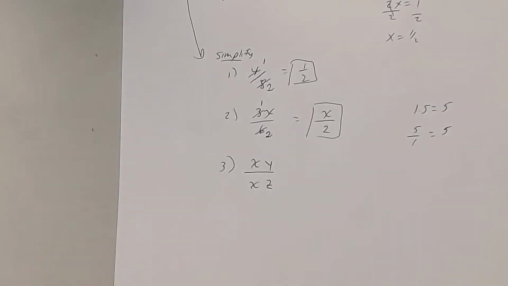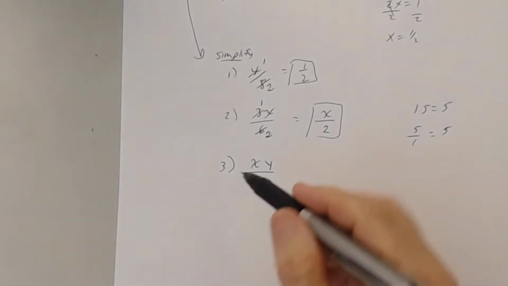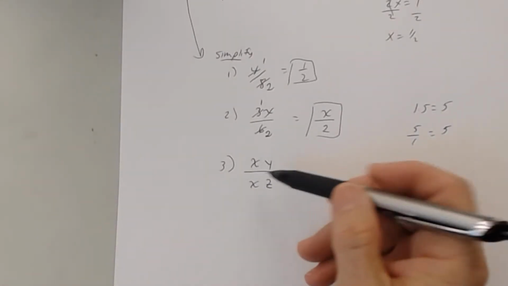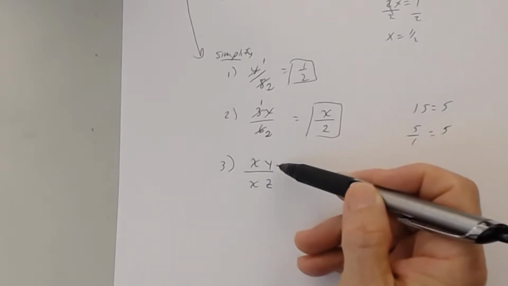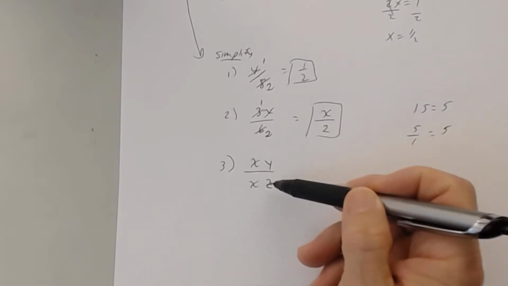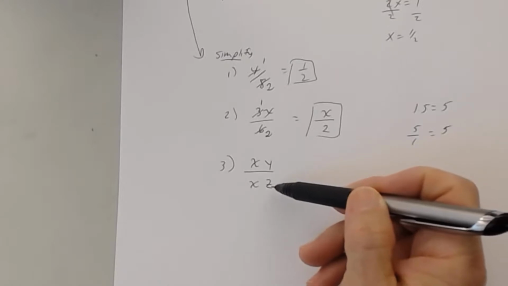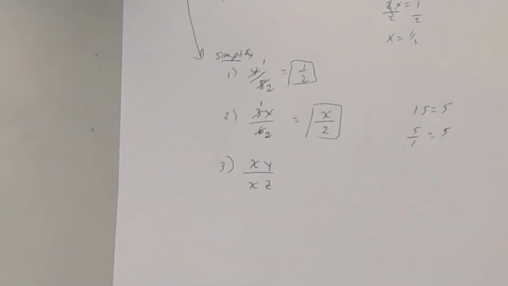Remember, factors are separated by the product, by the multiplication symbol. So when I read this as x times y, your first factor is x, your second factor is y. What about the denominator? How many factors? 2. They are x and z. Do you have any common factors?